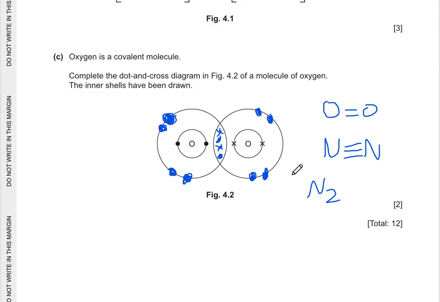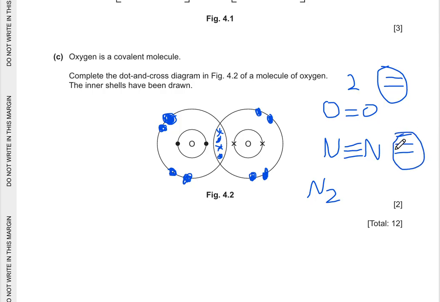And notice that the number of bonds that an atom can make is determined by the number of valence electrons it needs. So oxygen, since it needs 2 more electrons, can form double bonds. And since nitrogen needs 3 more valence electrons, it can do a triple bond.